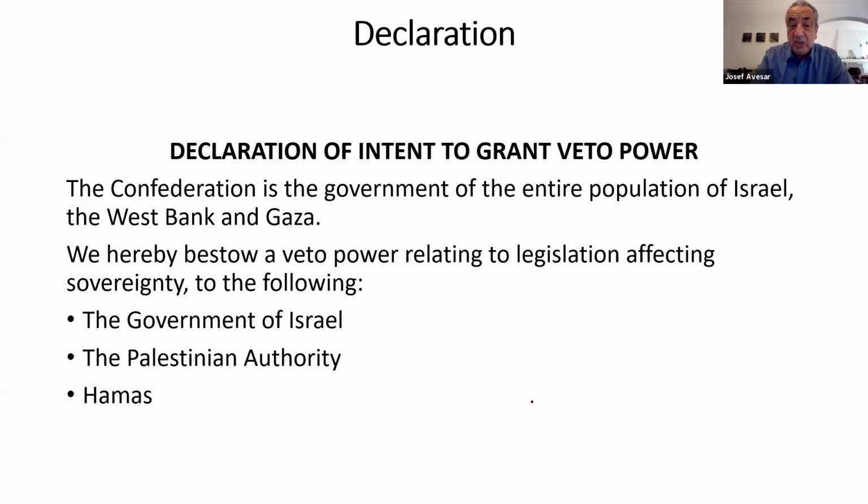We're also giving it to Hamas, and we're also giving it to the Palestinian Authority. We're giving it to everyone because we say we can pass legislation that would be acceptable to everyone and would make peace and prosperity. So let's take a vote. This is for the parliament members only. Palestinian parliament members, do you support a declaration of intent to grant a veto power? Palestinian parliament members only.